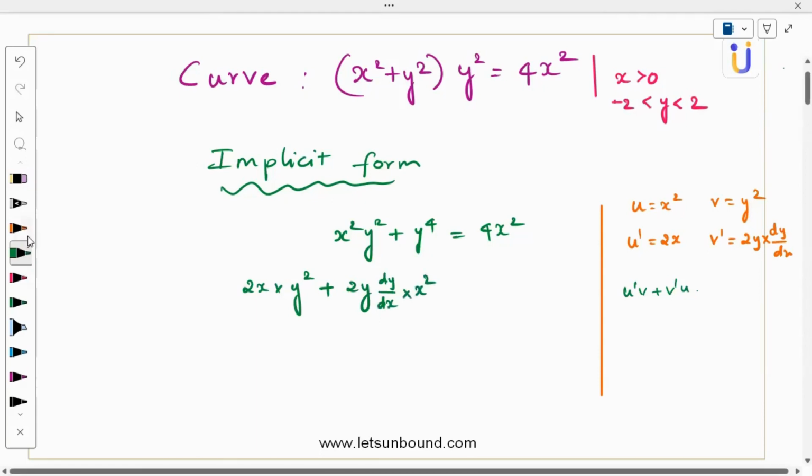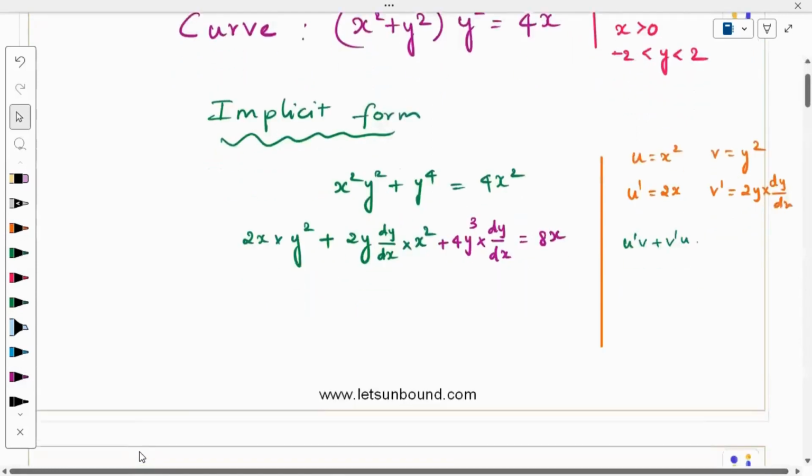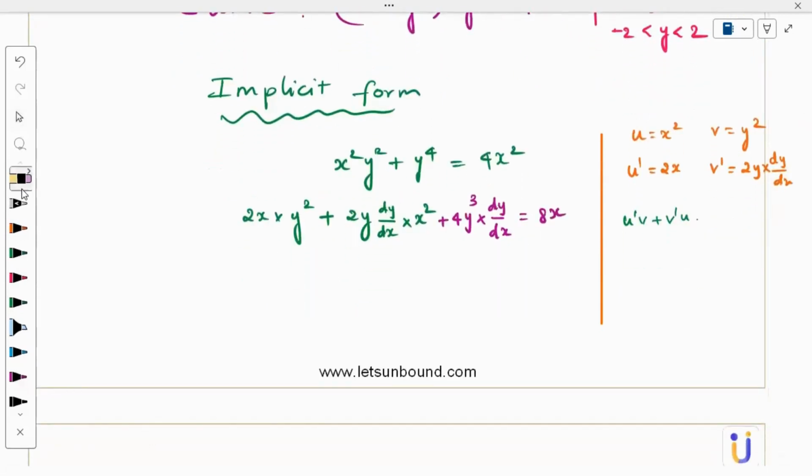Then y⁴, it's a similar stuff. That implicit differentiation: usually you will differentiate, so 4y³ multiplied by dy by dx, because I'm not differentiating with respect to y. Equal to 8x. This is normal because we are dealing with x.